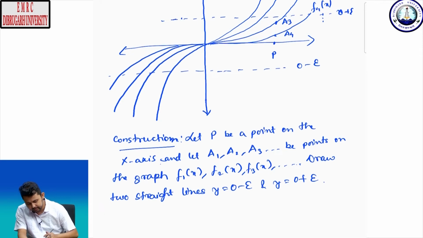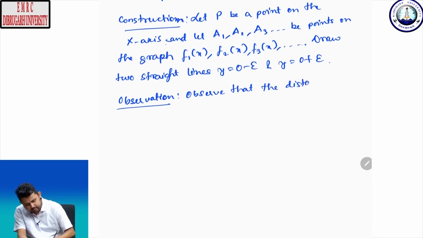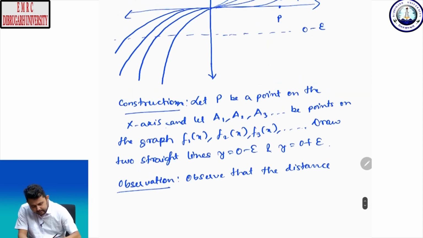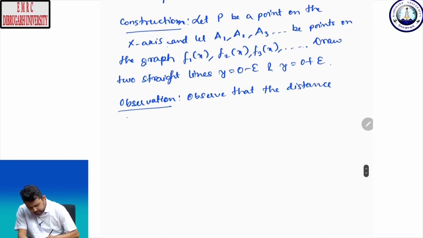So, we have the following observation, just like in case of the previous examples. So, observe that the distance p a1, though we do not have a1 in our graph. So, still the distance p a1, p a2, just like in case of the previous example, p a3 and so on, these converge to 0.